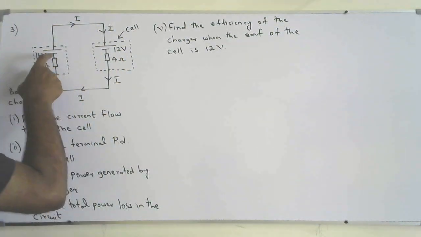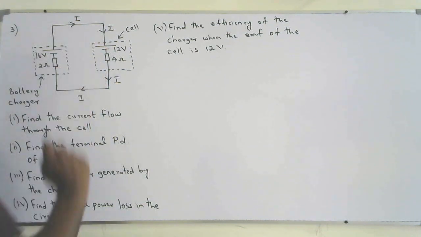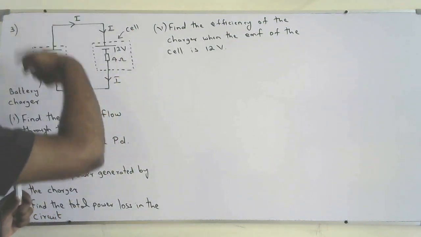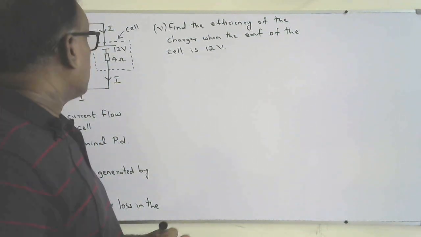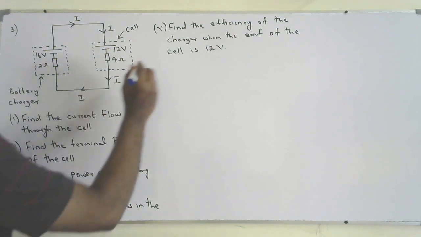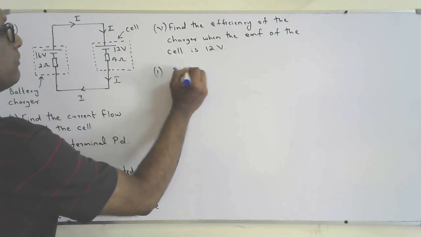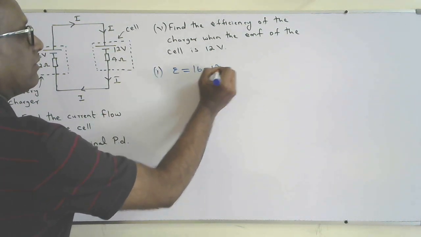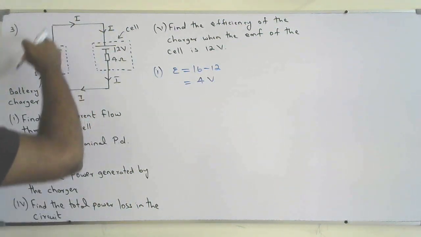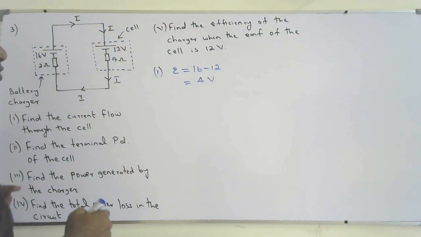The positive terminal is connected to the positive terminal. So the total EMF in this closed circuit will be 16 minus 12, that will be 4 volt. So in this closed loop, the total EMF will be 4 volt.